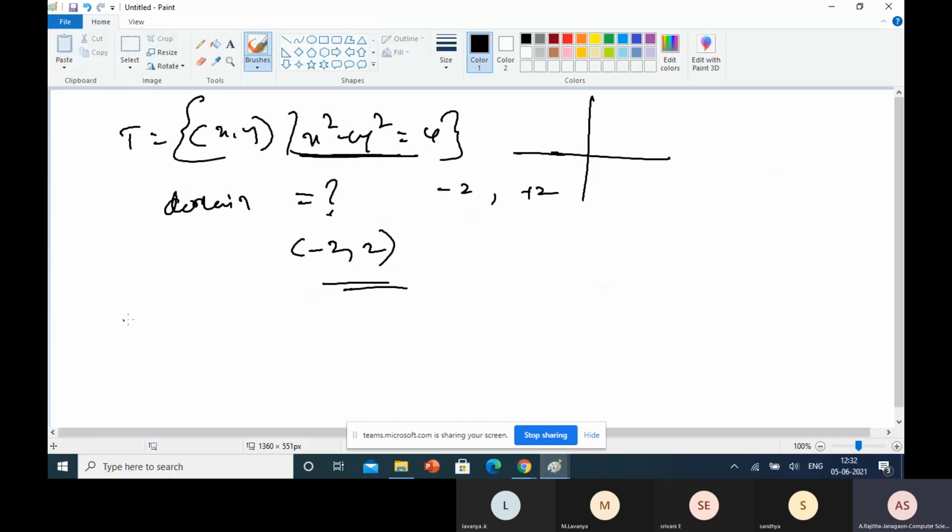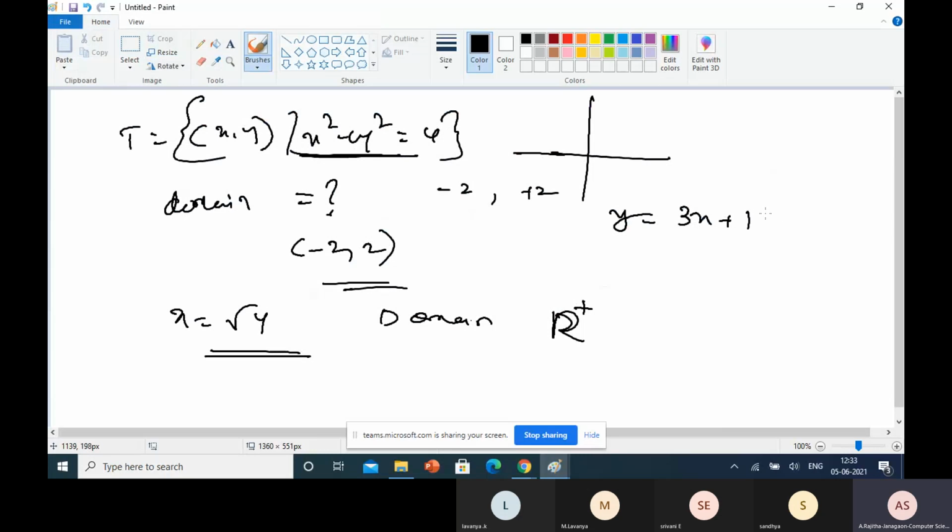Suppose here like this, x equal to root y. So in this case what is the domain? In this case the domain is R plus. Sometimes the question is like this: y equal to 3x plus 1.